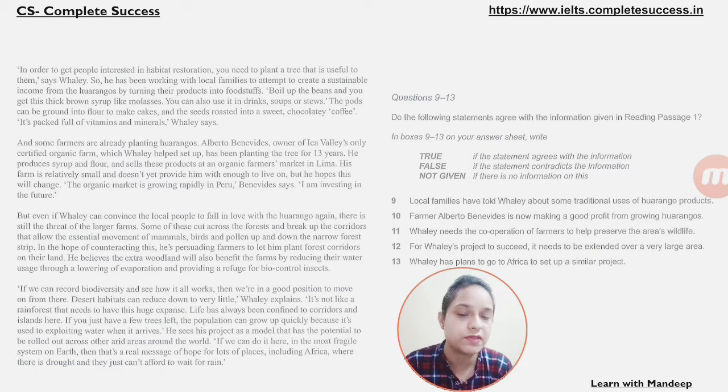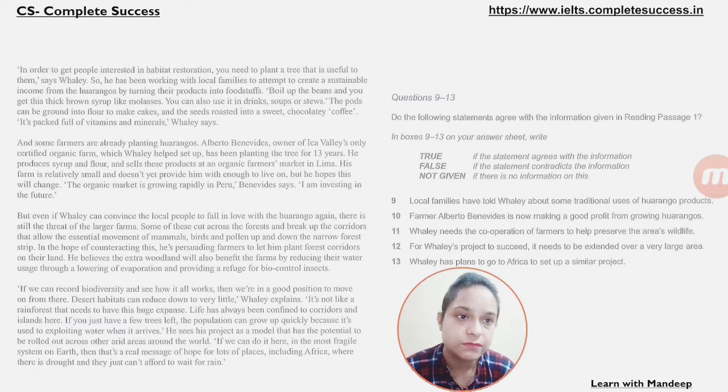As I've told you, you will get the answer in the last part, but I will also read the last line because maybe the question 12 answer is there. He believes the extra woodland will also benefit the farms by reducing their water usage, through a lowering of evaporation and providing a refuge for biocontrol insects.